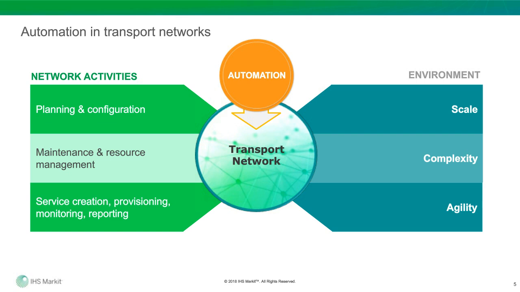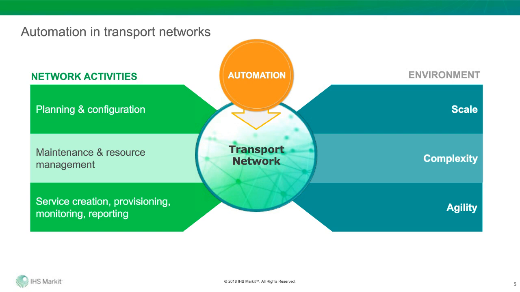All right, so let's get started with a high-level overview of automation and transport networks. When you think of automation outside of the context of networks, generally the first thing that comes to mind is assembly lines and manufacturing facilities. The objectives in that context are generally to remove manual tasks, speed up production, improve product quality.